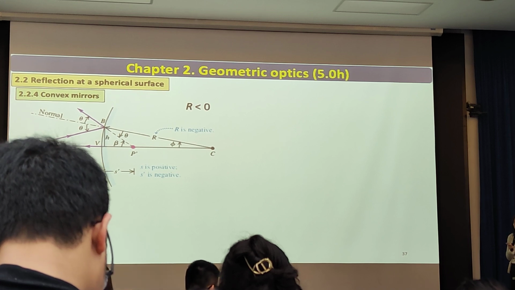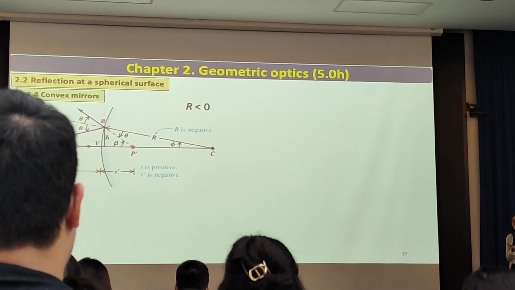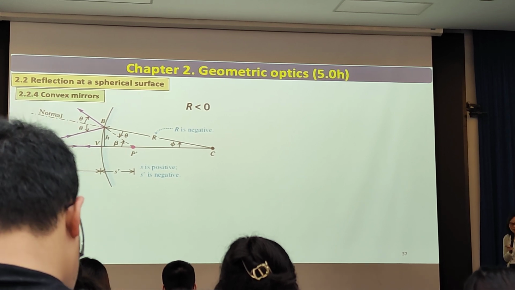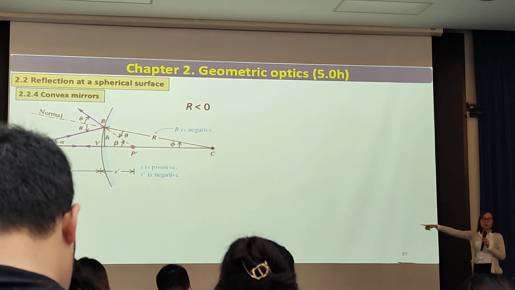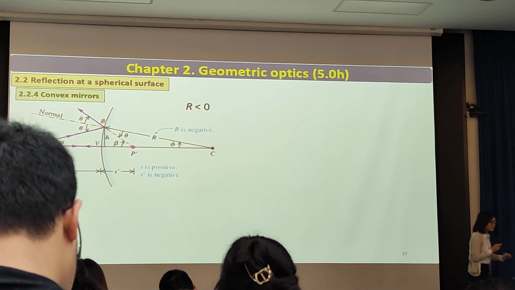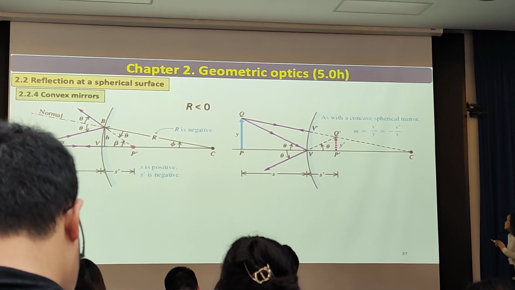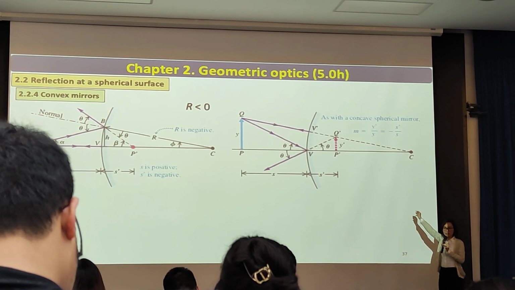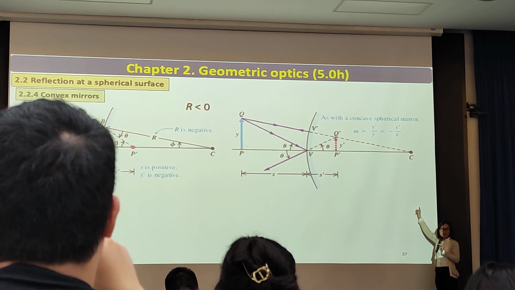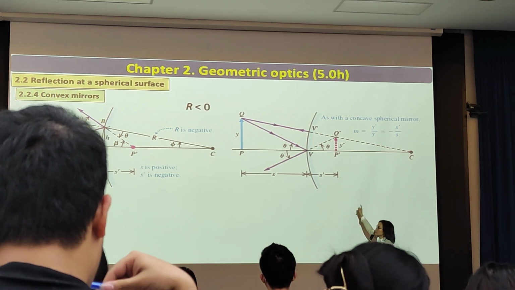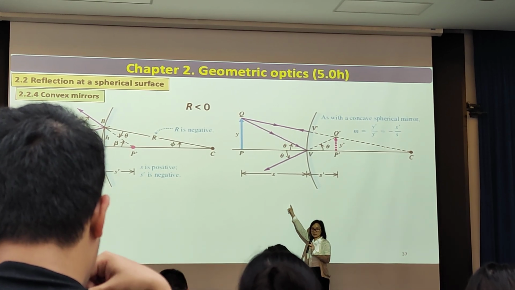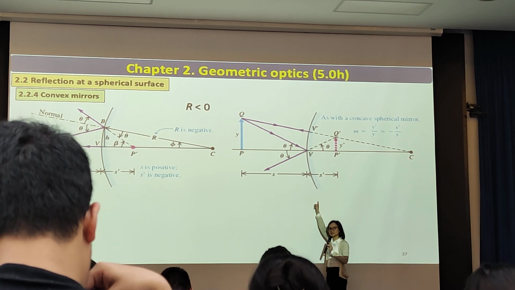And now we move to the convex mirrors. Last time we just focused on one case, the concave mirror. However, I also asked you to draw for the convex mirror. So the convex mirror here is very similar to the concave mirror. Here, you see, the center of curvature is behind the spherical surface, or we see that it is on the opposite side as the outgoing ray of the reflecting surface.